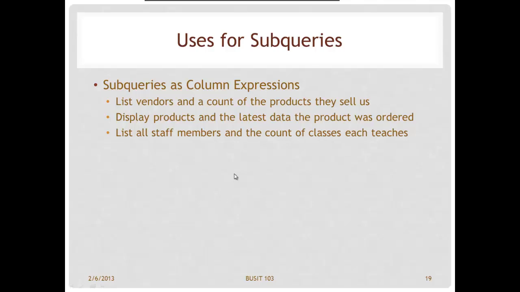The uses for subqueries. Subqueries as column expressions. You can list vendors and a count of the products they sell. You can display products and the latest date the product was ordered. You can list all staff members and the count of classes for each teacher.